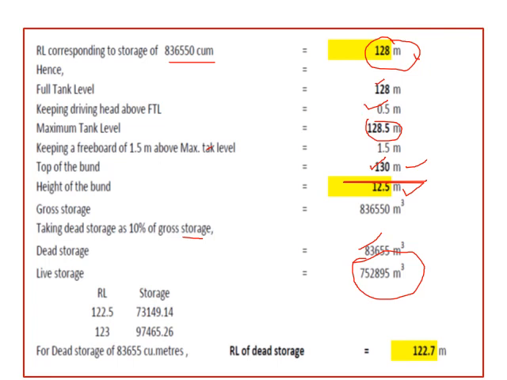Now for 83655 meter cube, again you see in the table it fits between the RL 122.5 and 123. So for the RL of the dead storage, we have to interpolate between these two values so that you get 122.7. So the RL of the dead storage is somewhere around 122.7, and that fixes the canal bed level for the calculations.